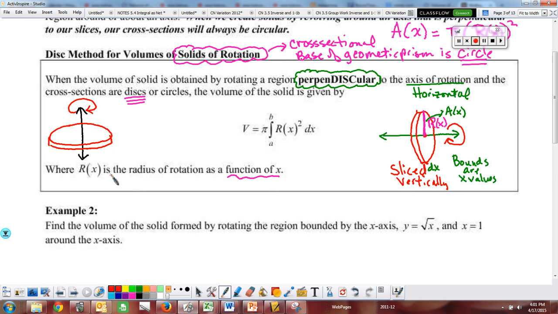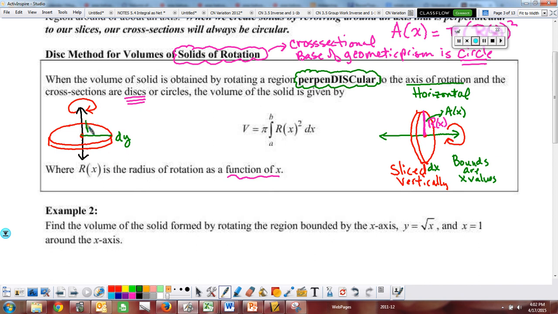This should start being like ding, ding, ding, things that we did in section 7.1. We are still going to find the volume by taking the area of the base times the height. But now, when you slice this way, and you see how it's perpendicular, vertical axis of rotation, horizontal disk, the width or height of the disk is going to be dy.